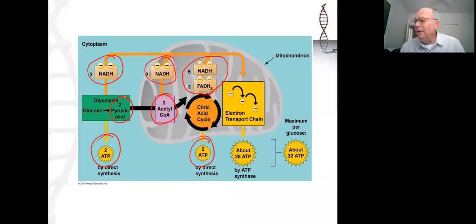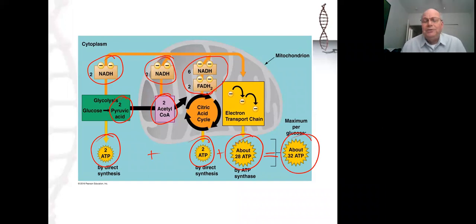Now, if all of the electrons from these NADHs and the FADH2s are then processed through the electron transport chain, we generate roughly 28 ATPs. So we get 2 from here, plus 2 from here, plus 2 from here, plus 28 from here, which gives us a total of 32.